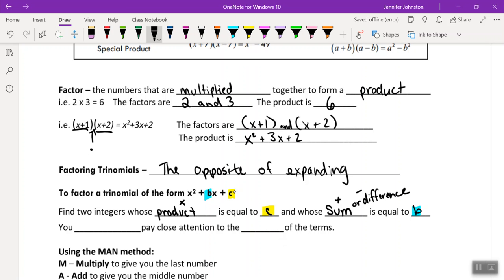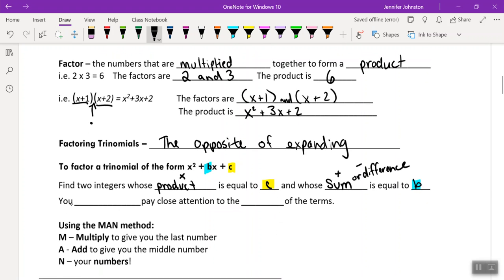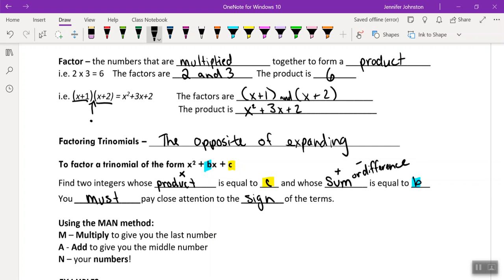So two numbers that multiply to give you c and add or subtract to give you b. You must pay close attention to the sign of the terms.